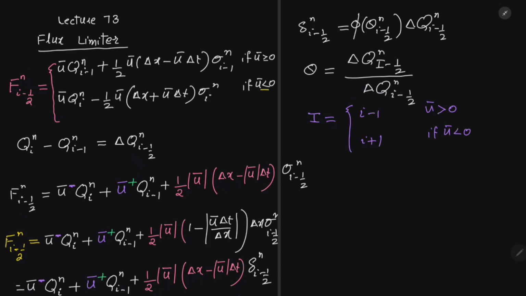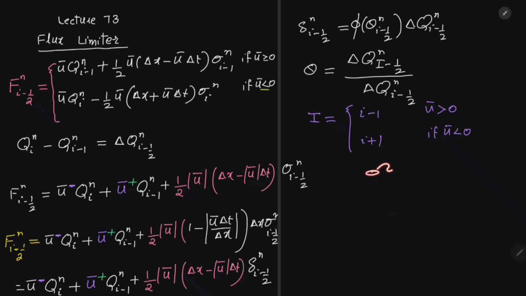So here, as I told you earlier, if I take phi of theta equal to 0, then you get delta_{i-1/2} equal to 0. It means you get the flux F_{i-1/2}, then you get the upwind method.